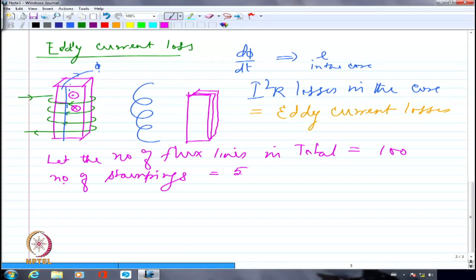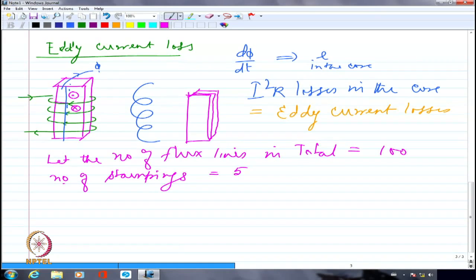So per stamping, I will have only 20 flux lines. So when I look at d phi by dt, obviously for every stamping, I am going to have a reduced amount of voltage induced.